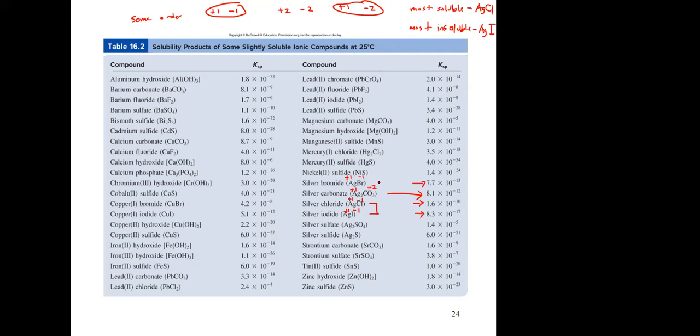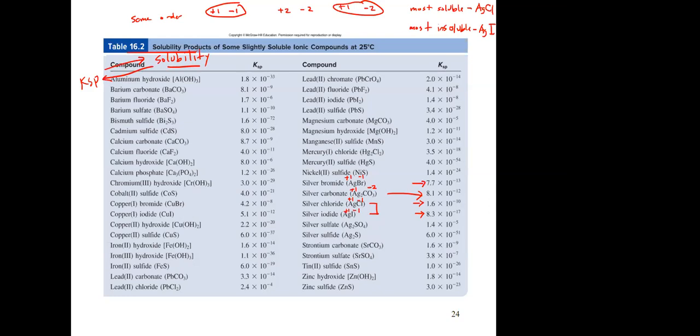And later on you will know. Usually the problems that we have in this portion are of two kinds. Either you're given the KSP and you get the solubility, or you're given the solubility and you calculate for the KSP.